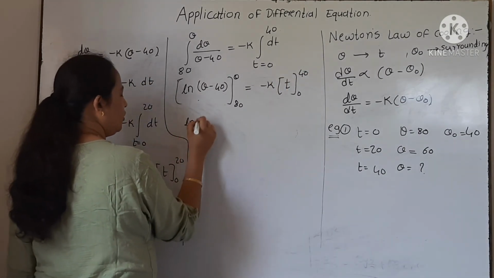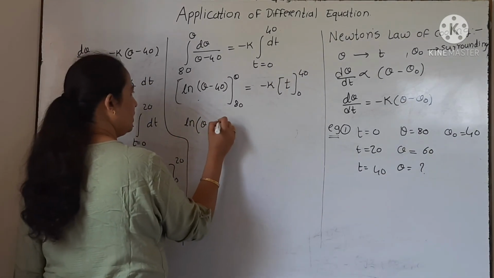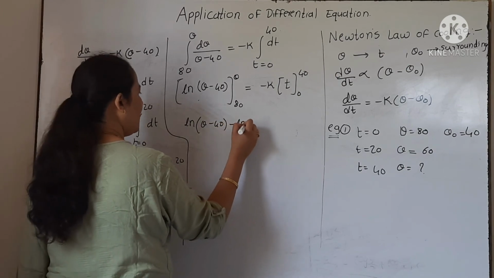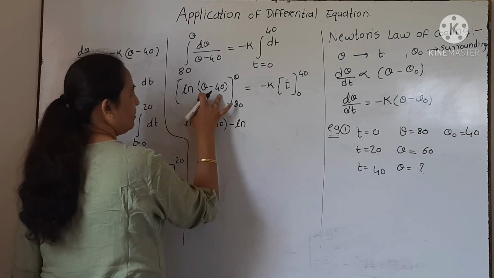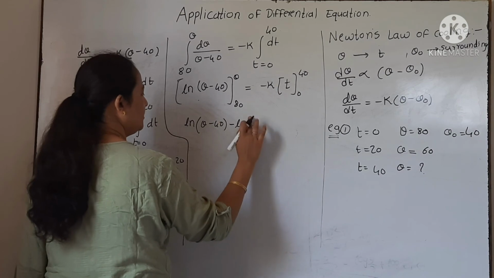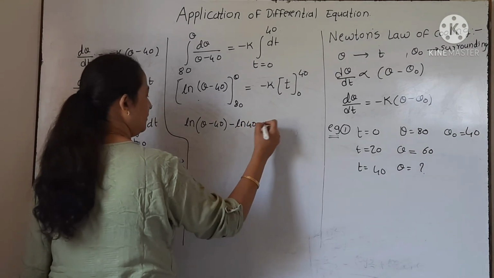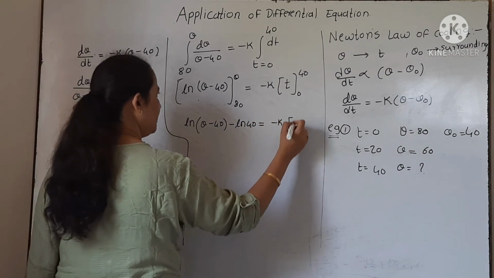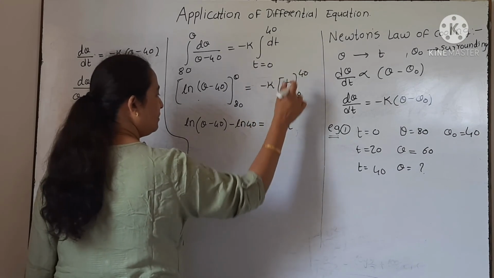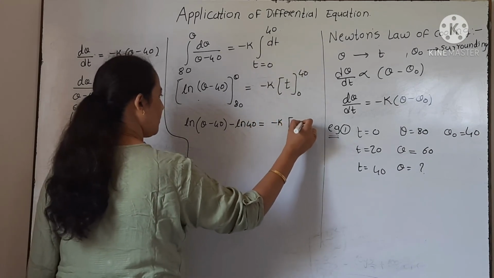So it is ln of theta minus 40 minus, apply limits, ln of 80 minus 40 is 40, equal to minus k integral of dt is t, apply limits, it is 40 minus 0.